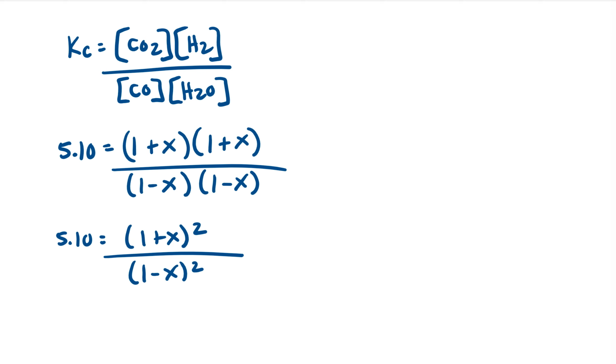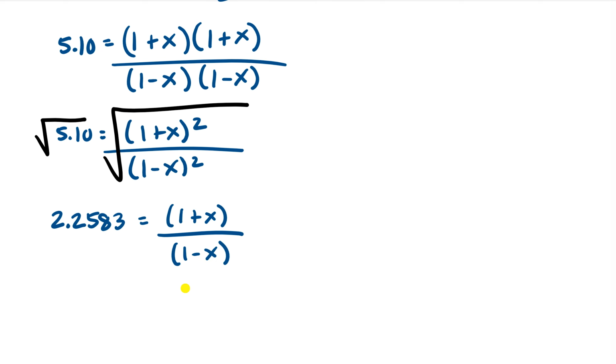And so this allows me to take the square root of the right side. And that means I have to take the square root of the left side. Okay. So I get 2.2583 on the left, and I'm going to continue using that value in my calculator, but on my paper, I'm just going to keep 4 decimal places.